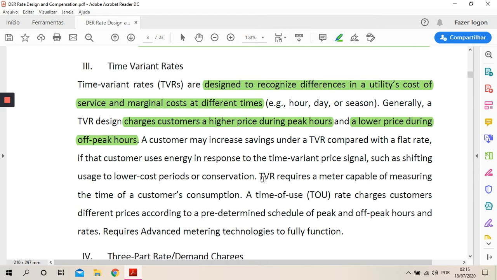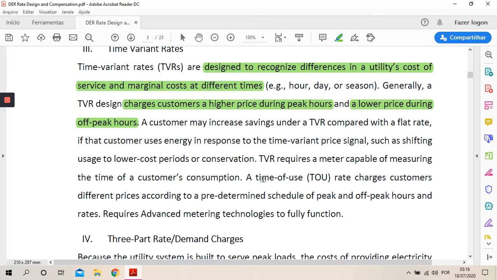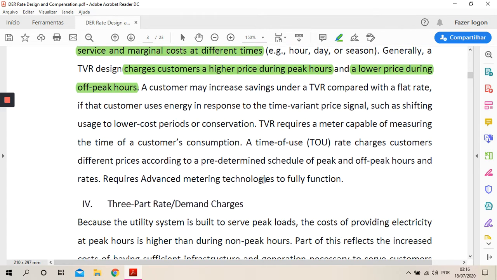A customer may increase savings under a TVR compared with a flat rate if that customer uses energy in response to the time variant price signals, such as shifting usage to lower cost periods or conservation. TVR requires a meter capable of measuring the time of a consumer's consumption.